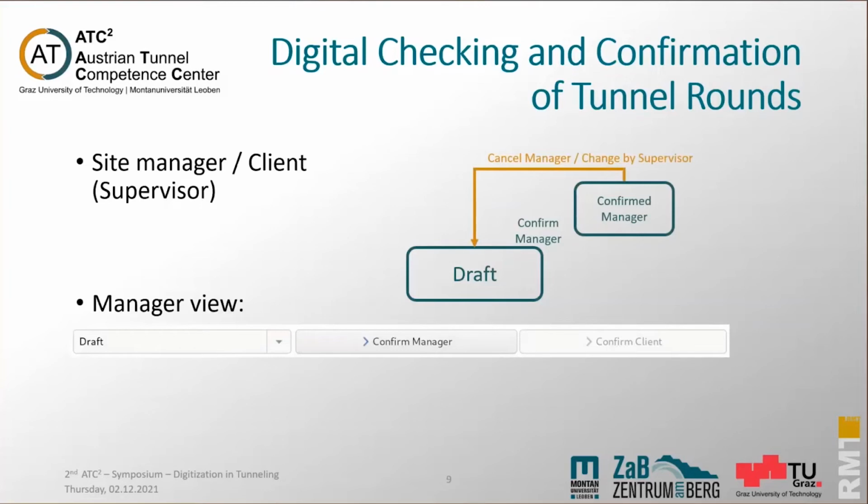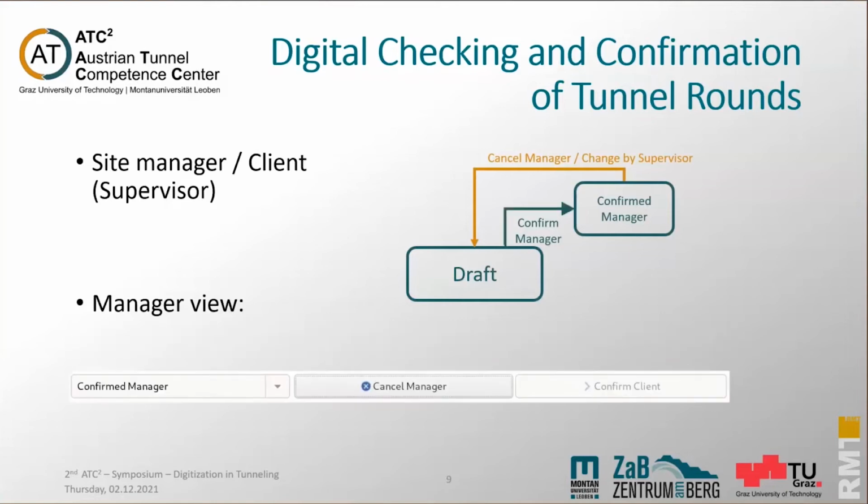So we already implemented this. You see here on the slide the manager's view of the different states. So normally then the manager again would take a look at the data and confirm it again, and this cycle goes on and on until the two parties have a common understanding of the data or of the work which actually occurred at our tunnel phases.